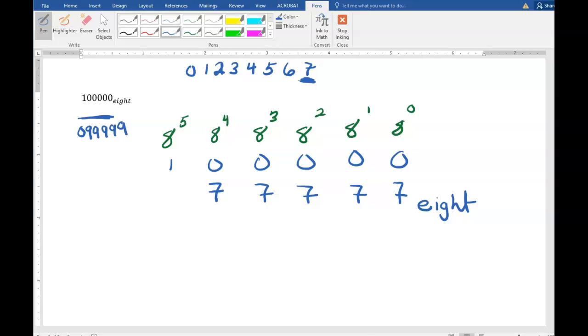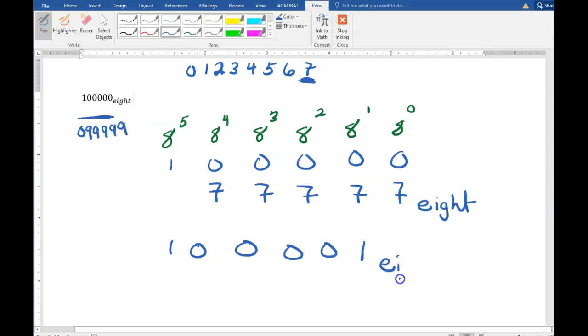Now, for the succeeding value, meaning I would add 1 to this, just like a regular base 10, if I add 1, this one goes up 1, so I would have 1, 0, 0, 0, 0, 1, base 8.